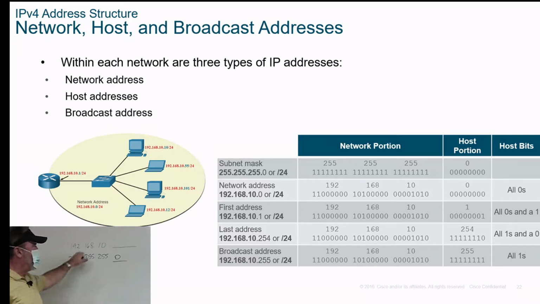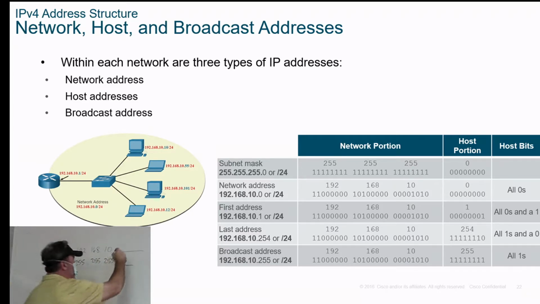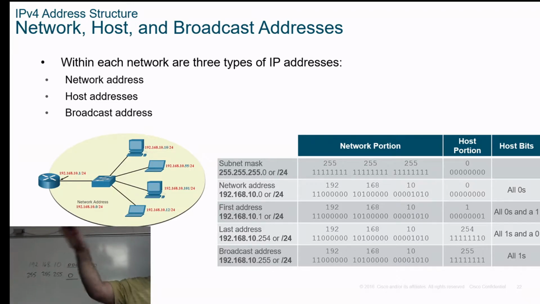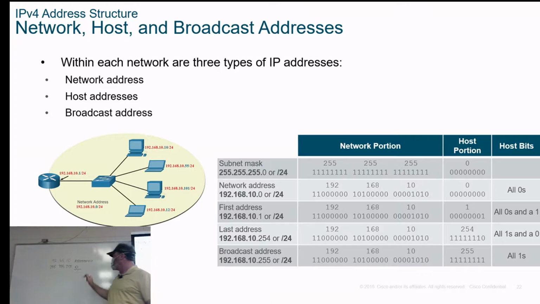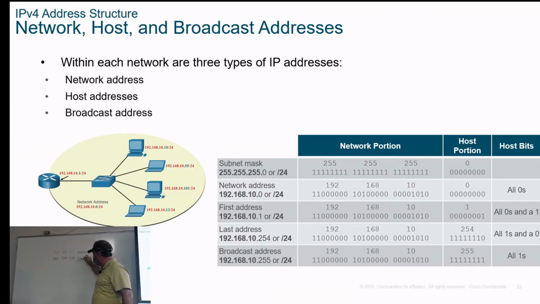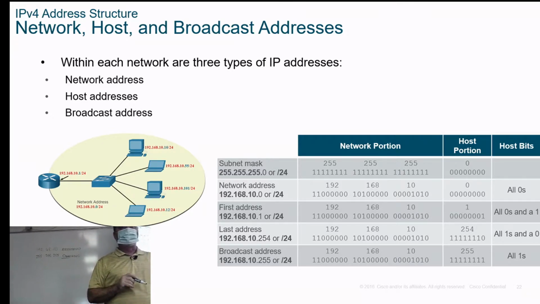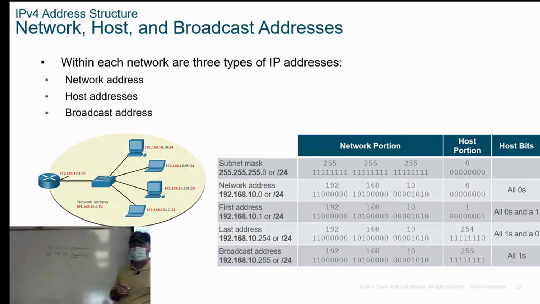So if you take the network address and you turn on all zeros in the host portion, you set all the host bits, because there's 8. This identifies 8. So if I set them to all zeros, I just created the network address. All zeros in the host field is the network address. Voila. It's magical. You guys can see it now.